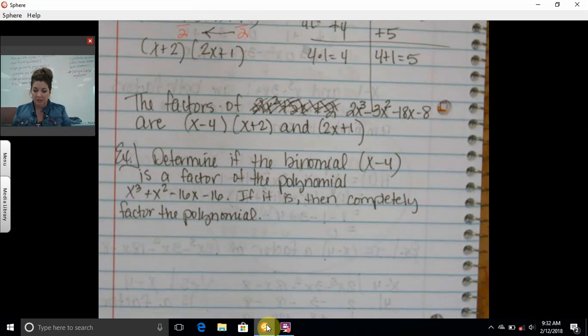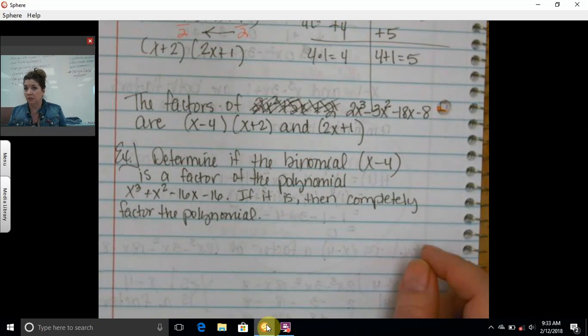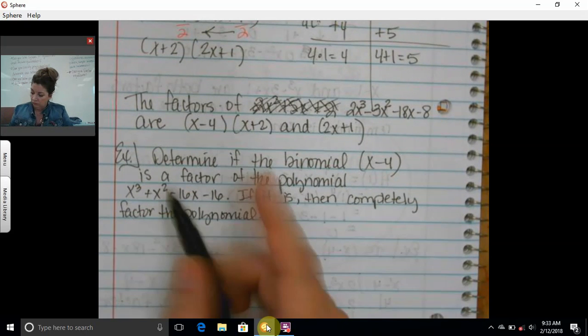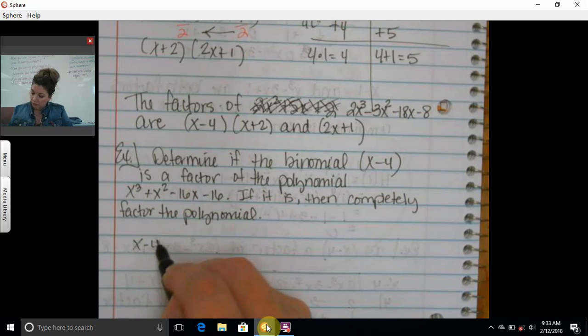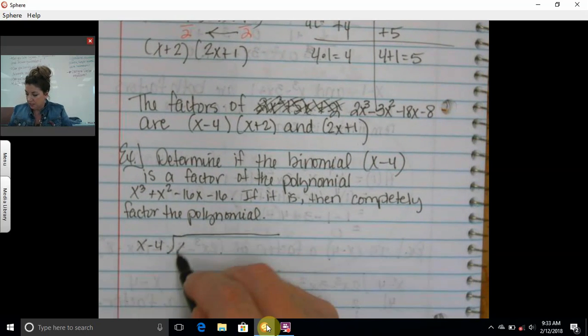So if it is, I'm going to have to factor it anyway, so I'm just going to use long division, so I know. If I substitute in the positive 4 and I get 0, I'm still going to have to do the long division to see what I have left, right? So I might as well just go ahead and do the long division. And I'm not missing any degrees.